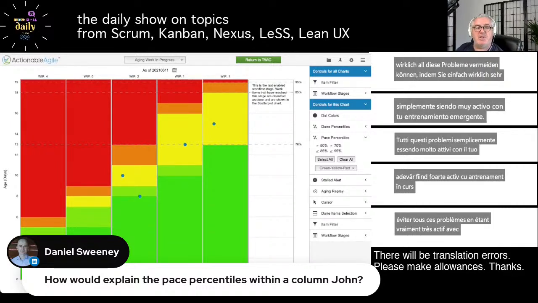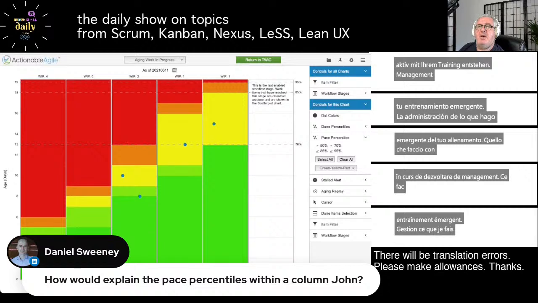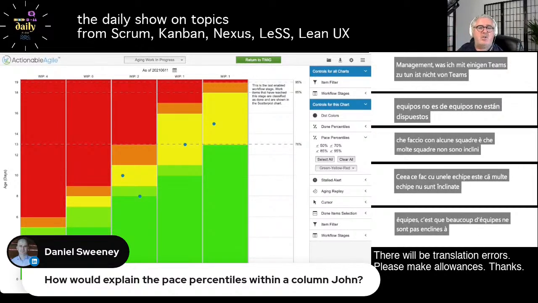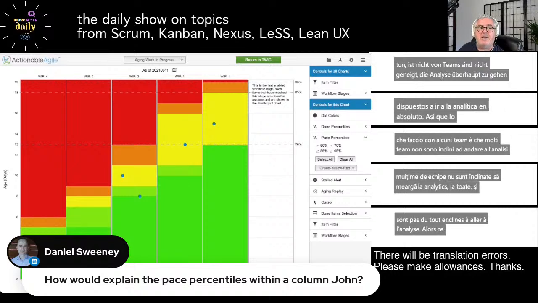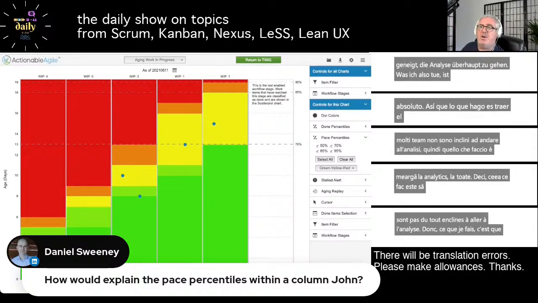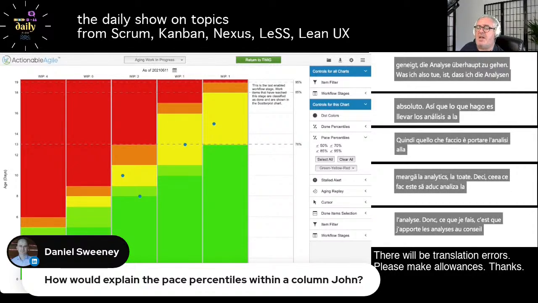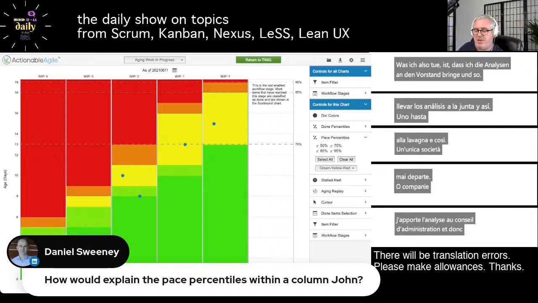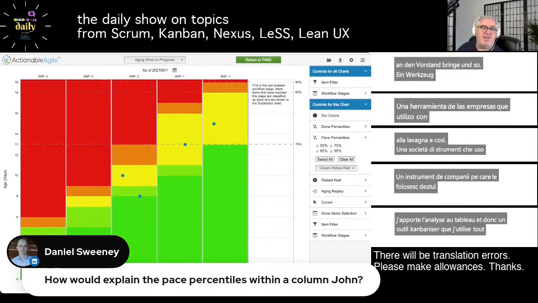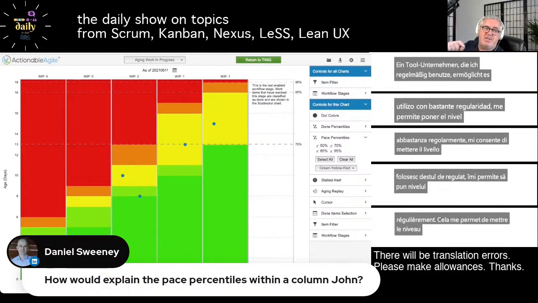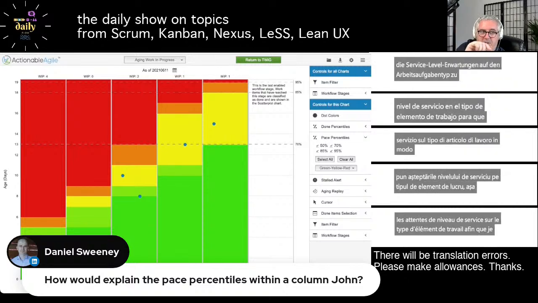What I do with some teams is, a lot of teams are not inclined to go to the analytics at all, so I bring the analytics to the board. One tool, Kanbanize, that I use quite regularly, allows me to put the service level expectation on the work item type, so I can see a little progress bar on the cards.